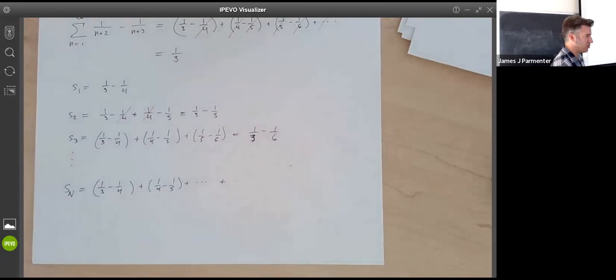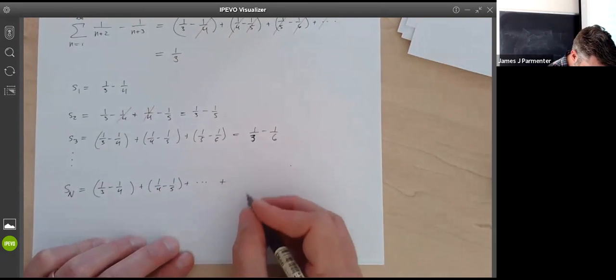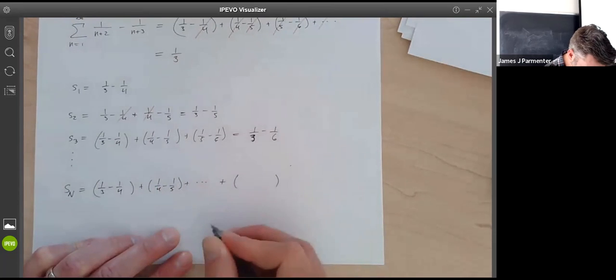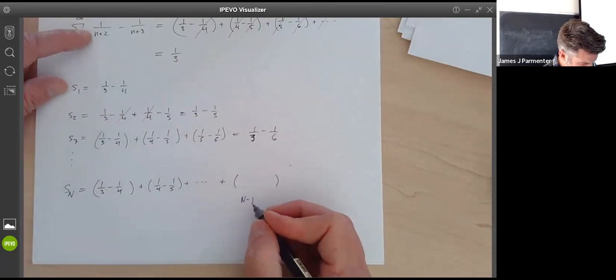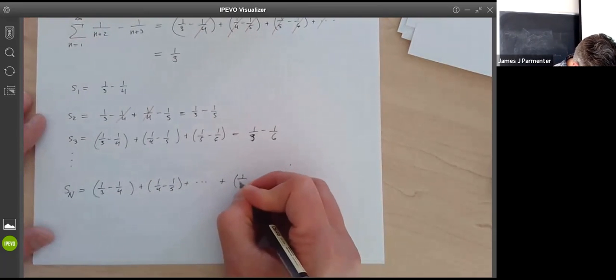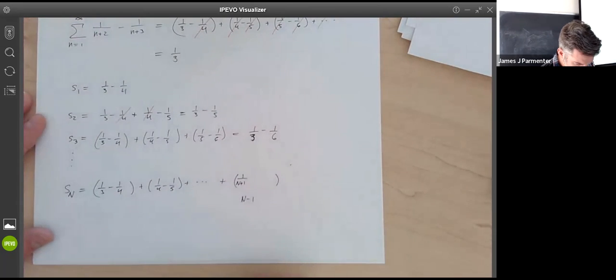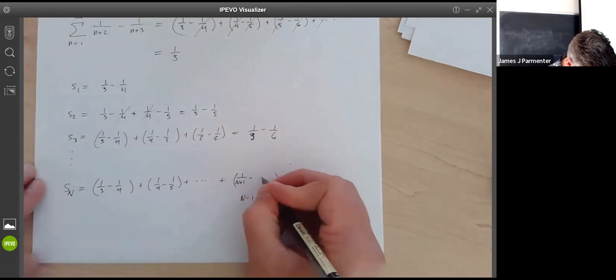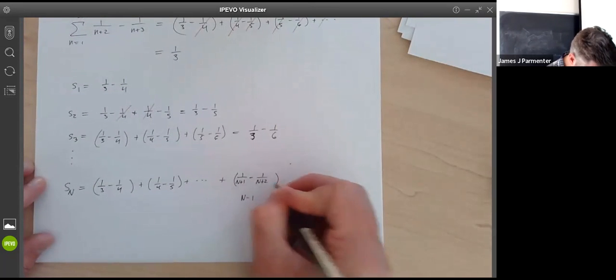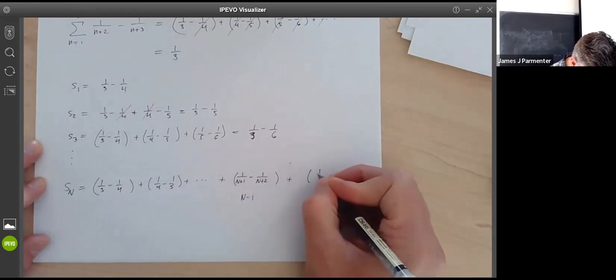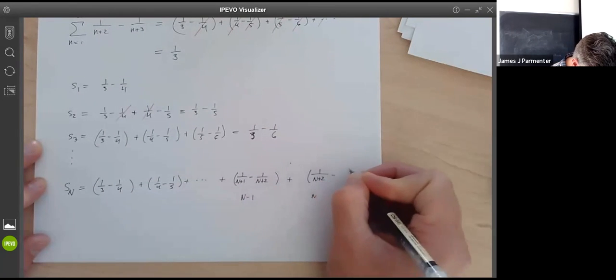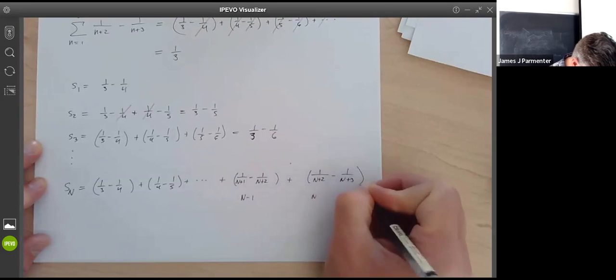I usually like to write the last two terms to make it a little bit more obvious. So when I plug in n minus 1, I get 1 over n minus 1 plus 2, so 1 over n plus 1, and 1 over n minus 1 plus 3, so 1 over n plus 2. And then when I plug in n, I get 1 over n plus 2 minus 1 over n plus 3.